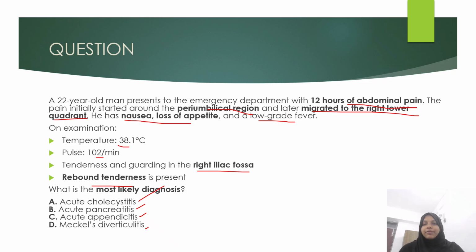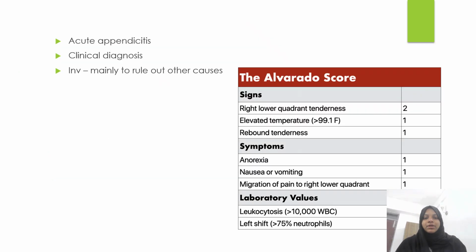Okay, so this fits into acute appendicitis. So that is the answer, acute appendicitis. Not pancreatitis, appendicitis. When I read the question, you try to frame the answer in your mind and then go into the discussion part.